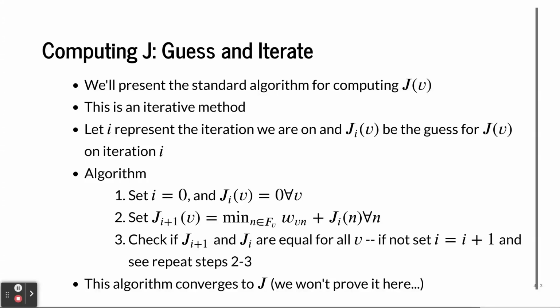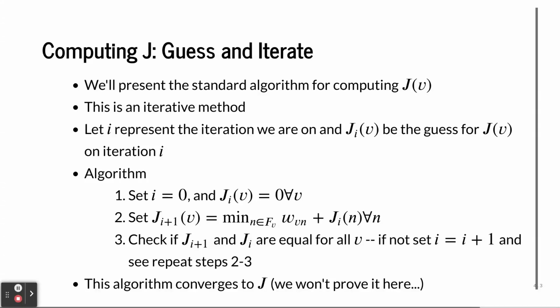As we apply that Bellman equation to our guess over and over across many iterations, it actually turns out that we will end up with a final guess for the cost to go function that satisfies the Bellman equation at every node, and thus is the true cost to go function.